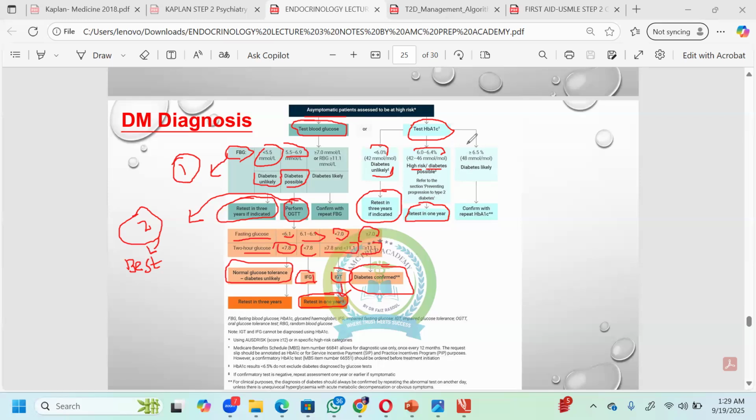They might develop diabetes in future, so you will retest in 1 year. And if the result is greater than 6.5, diabetes is likely, and you will confirm with a repeat. We have to repeat the HbA1c, and if on repeating the result is the same, we will make the diagnosis of diabetes mellitus.